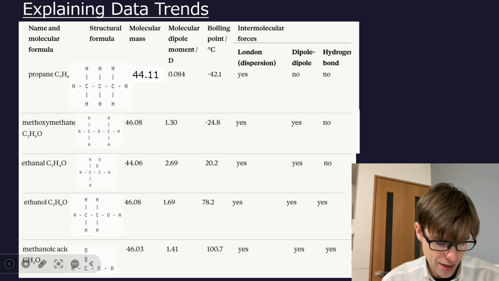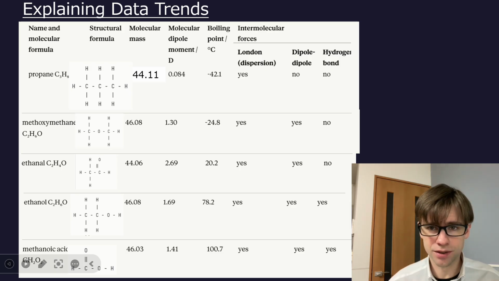Next, ethanal and methoxymethane. What's the difference here, really? So they have similar molecular mass, similar London forces. They both have dipole-dipole forces. They both don't have hydrogen bonding. But just look at the strength of the dipole again. So 2.69, very strong dipole, very polar molecule, versus 1.3 for methoxymethane.